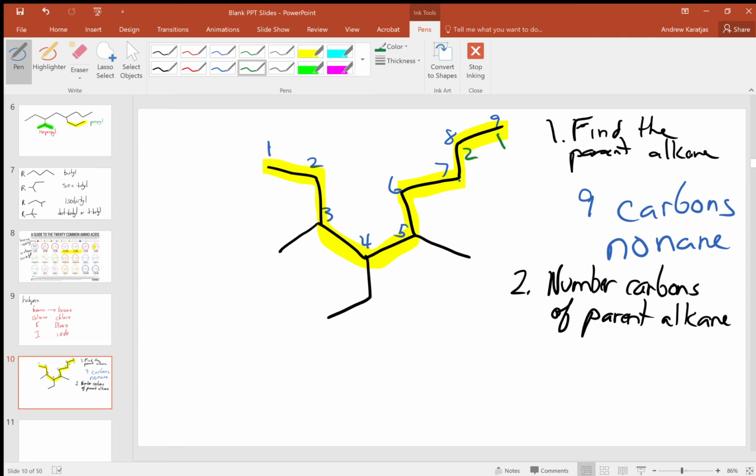Sort of left to right, which I've done in blue, and right to left, which I'm doing in green. Now before I go any further, you might be wondering, what if there were 2 chains that were both the longest chain? Which one do we pick? What we would do is look at each one of those longest chains and count how many substituents or branch points they had. And the one that had the most branch points would be the one we use.